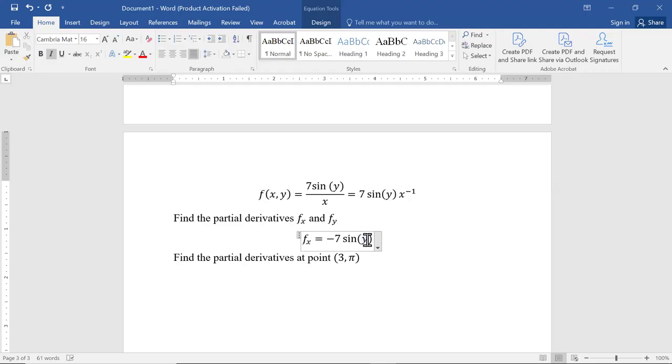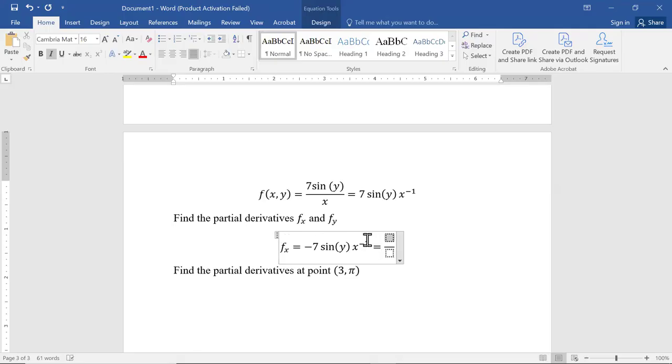And then I'd have to multiply times x to the negative 2 power. When I decrease my power by 1, I get a power of negative 2. Lots of different ways you can rewrite that. I'll rewrite it as negative 7 times sine of y divided by x squared. That'll make maybe my calculations a bit easier.